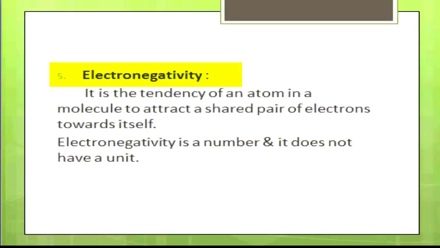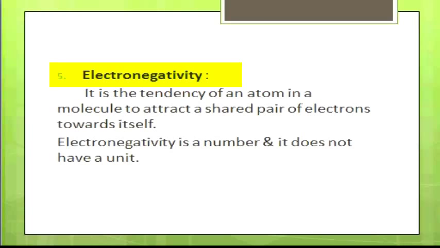Now, electronegativity. Electron affinity is a measure of the tendency of an isolated gaseous atom to accept an electron. The concept of electron affinity is not applicable to an atom in a compound. Electronegativity of an element is the tendency of an atom in a molecule to attract a shared pair of electrons towards itself.